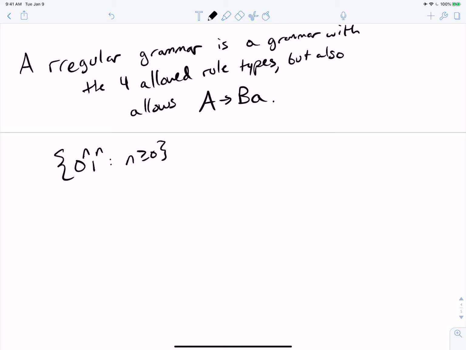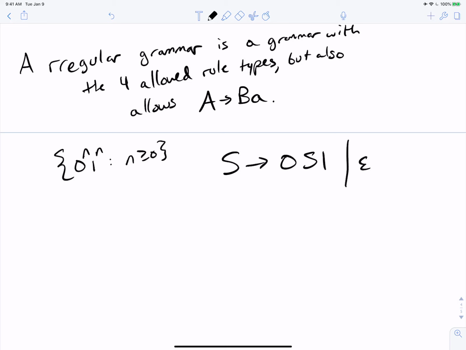What was our context-free grammar, not a regular grammar, that we made for this? I'll refresh your memory: S goes to 0S1 or empty. That's the grammar we made before, but this is not a regular grammar.